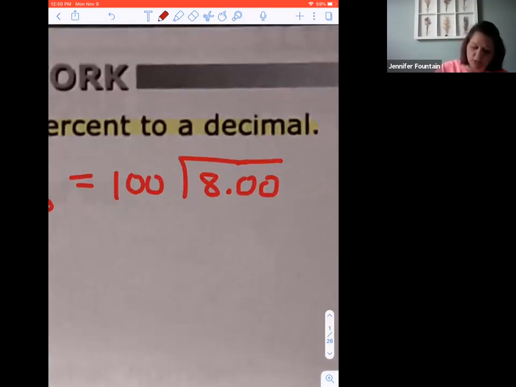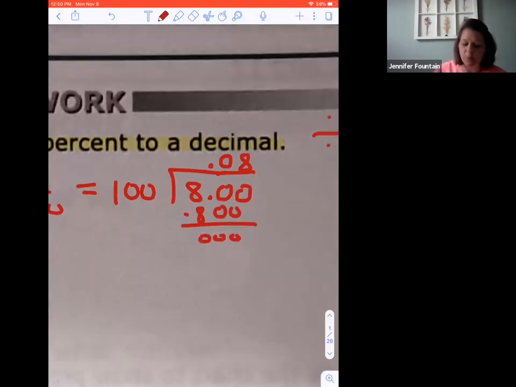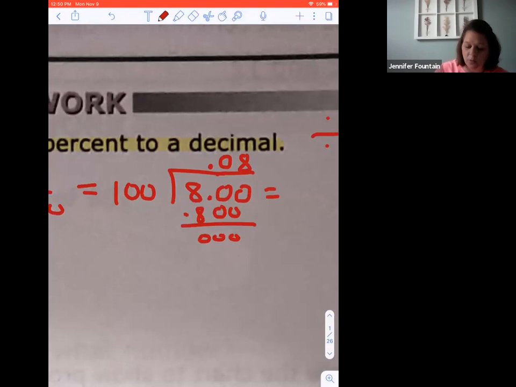Okay. So I'm going to go ahead and put my decimal in my answer. And 100 will not go into 80, but it will go into 800. So 8 times 100 is 800, and I subtract. Okay, so I've ended up with decimal 0.08.